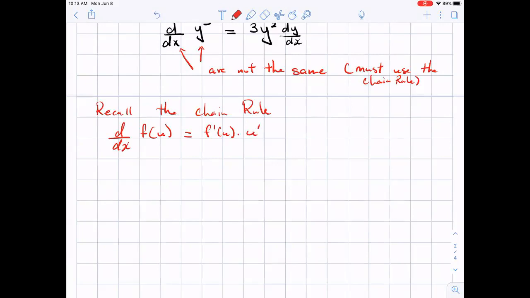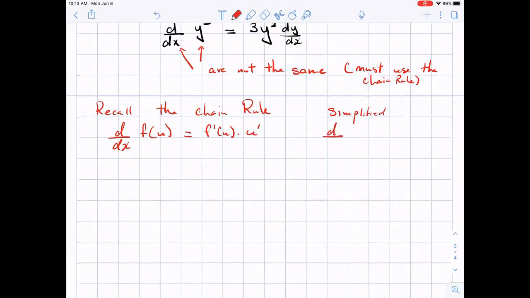Which really means, in a simplified way, d dx of u to the n is n u to the n minus 1 times u prime.